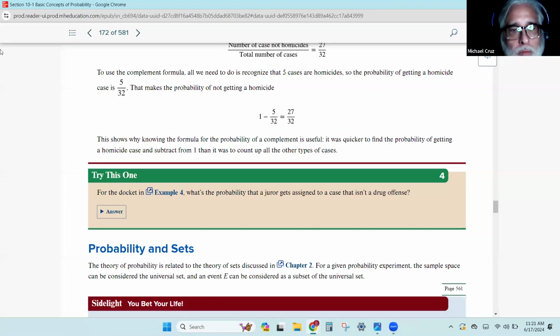So the probability of drug, we'll just say, is going to be equal to 12 out of 32.